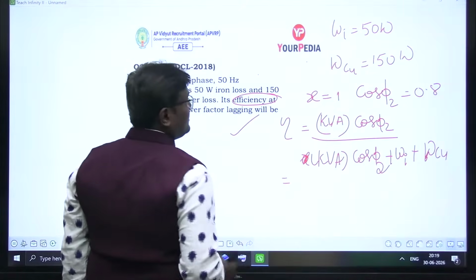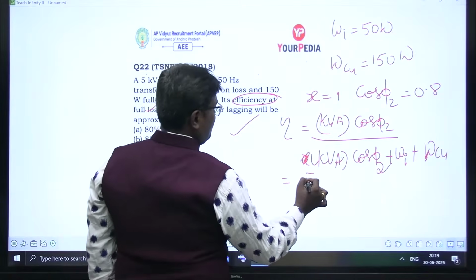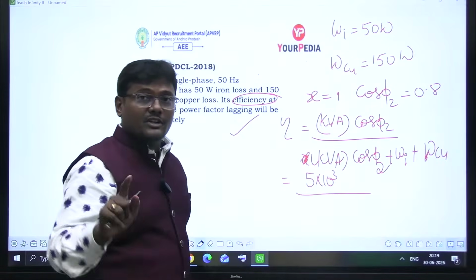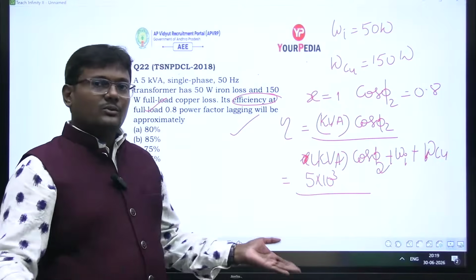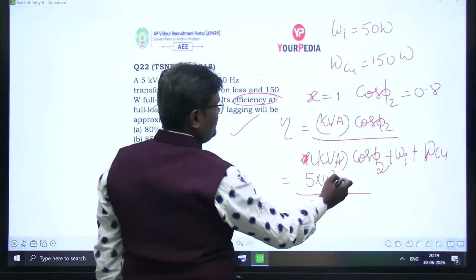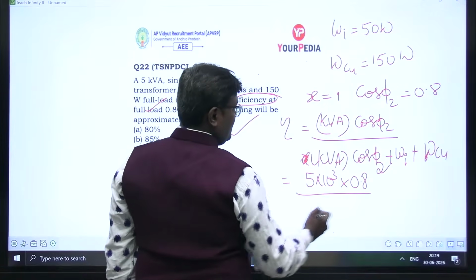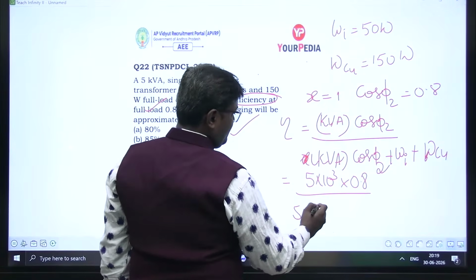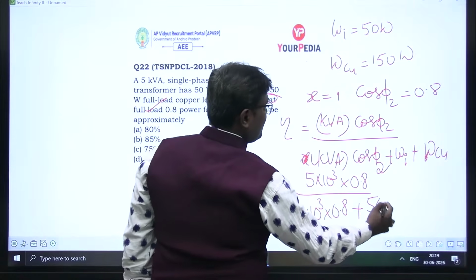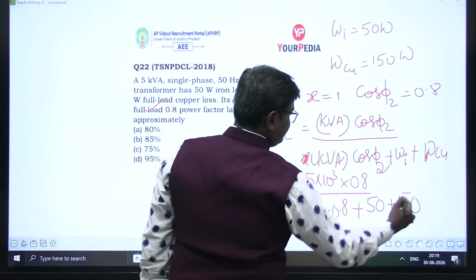Then kVA is how much? 5 kVA. You should not forget 5 kVA. You should substitute 5 into 10 to the power of 3, otherwise you will get less than 1. 5 into 10 to the power of 3 into 0.8 plus iron losses 50 and 150.